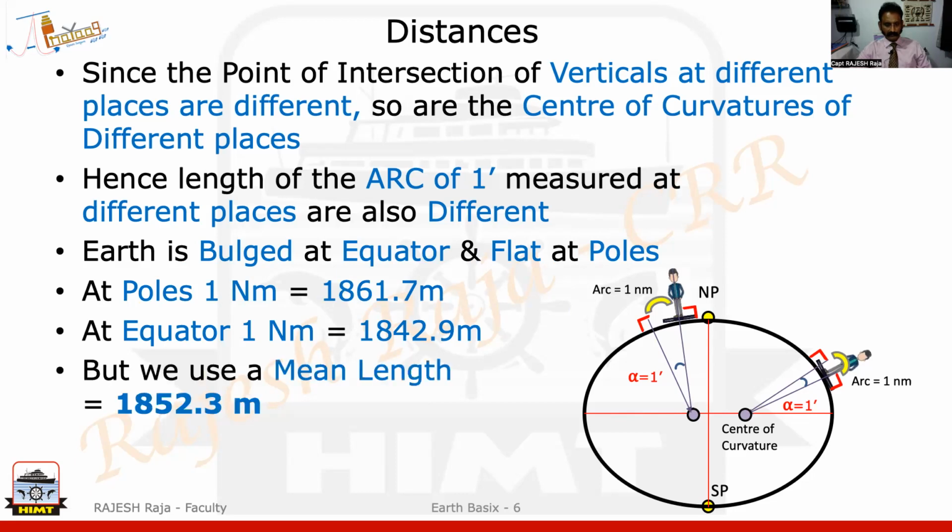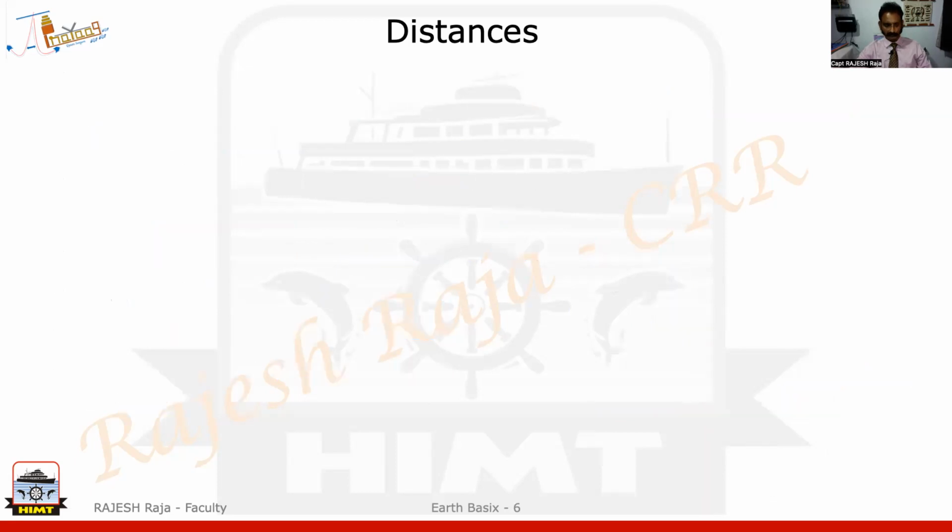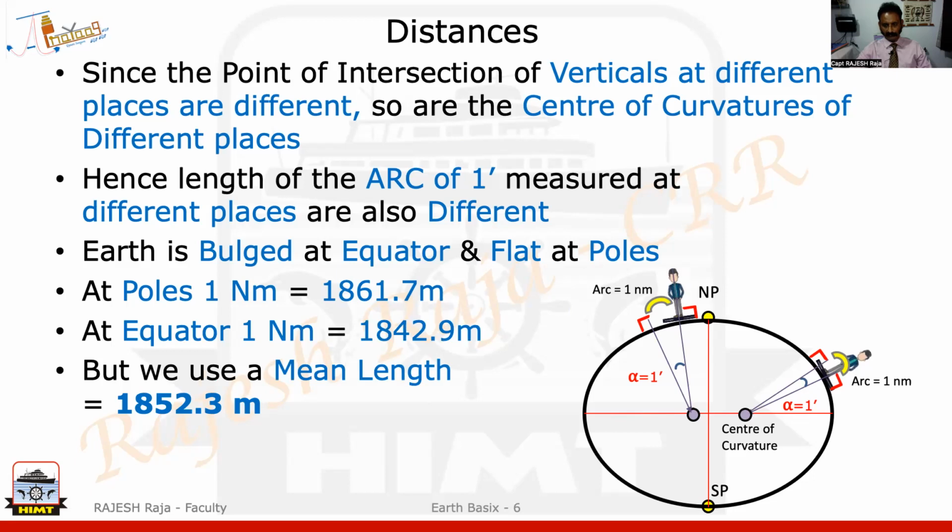So what they do is they take a mean or average, and this is what is important for you to remember: 1 nautical mile is 1852.3 meters. So remember this in future, everywhere you're going to use this one figure. Okay? So I'll just quickly go back to it, 1852.3. As a navigator, you should not forget this. When you keep using it, you'll remember something important.